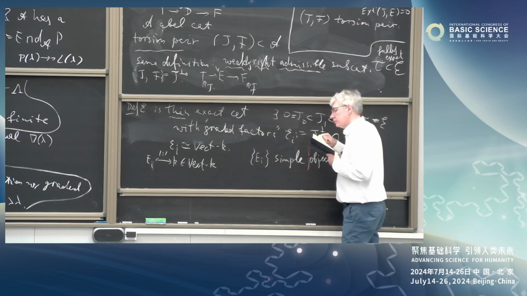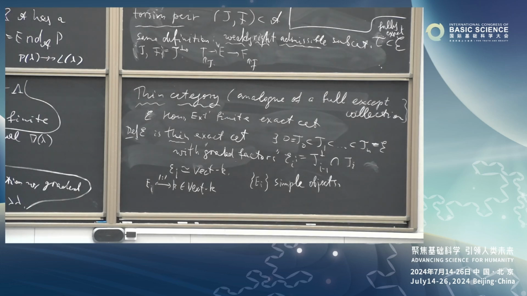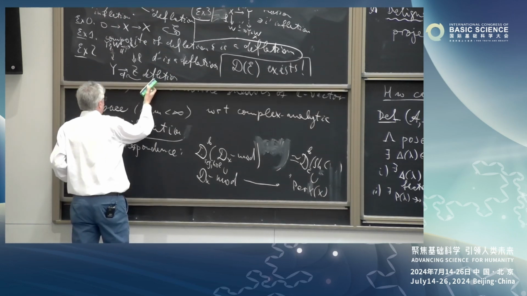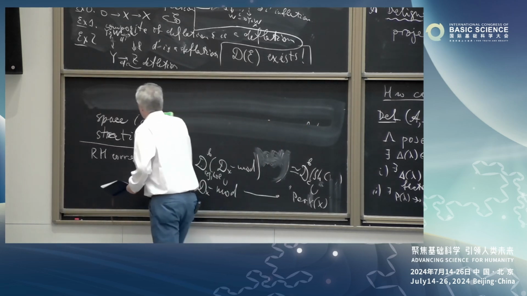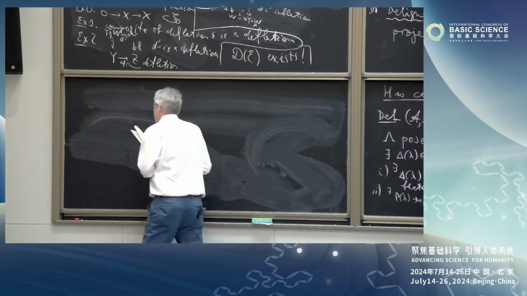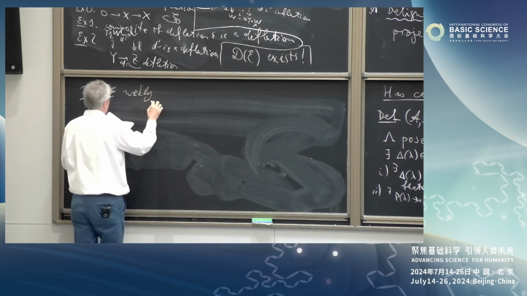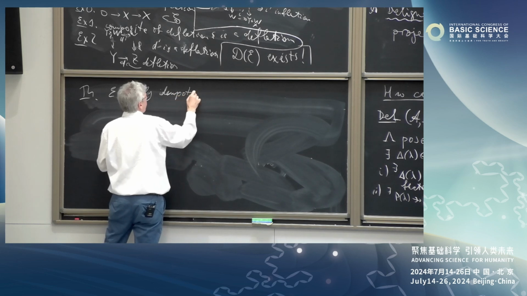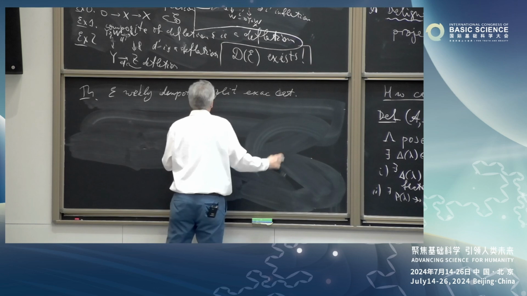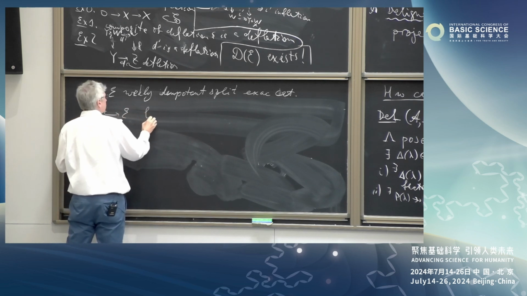And moreover, one can prove a theorem that if E is a weakly idempotent split exact category, and F in E is left, I don't know why it's left, not right.